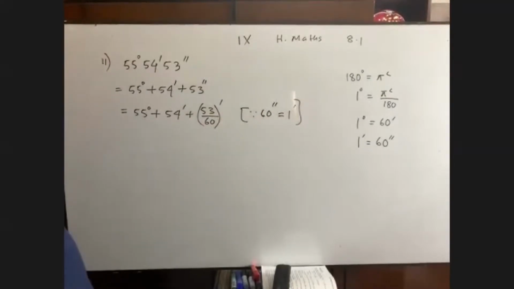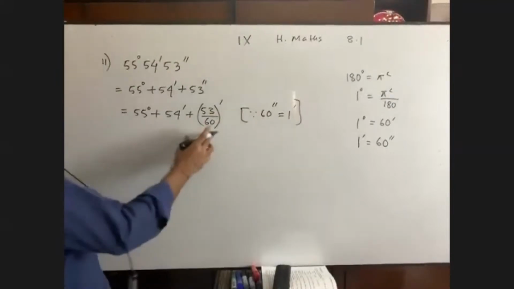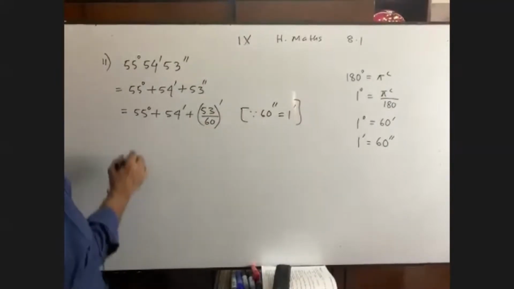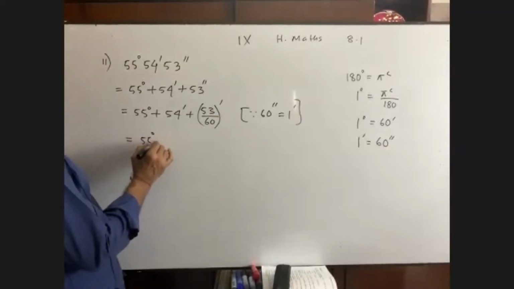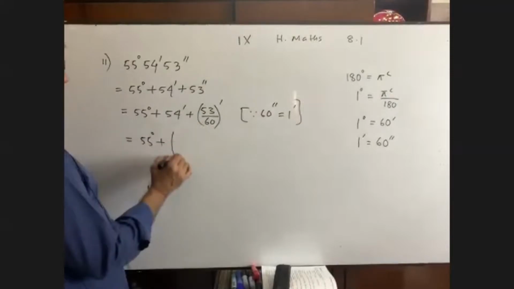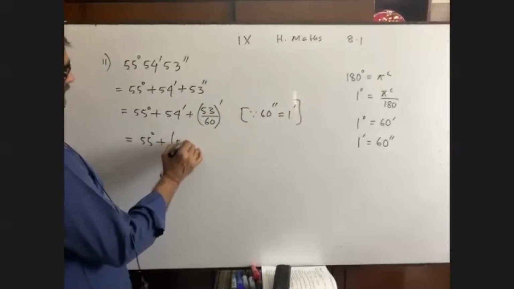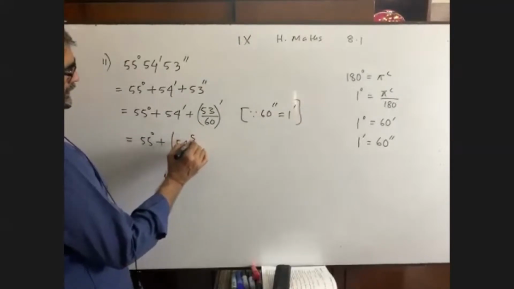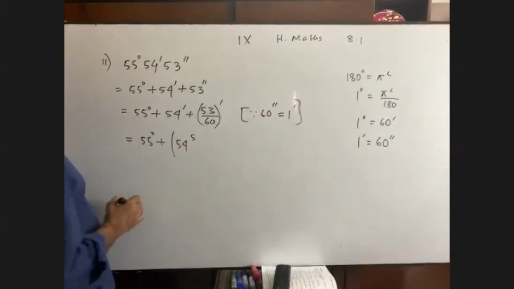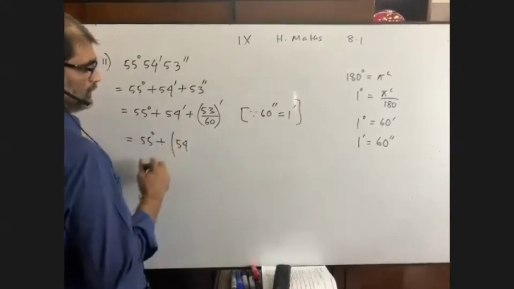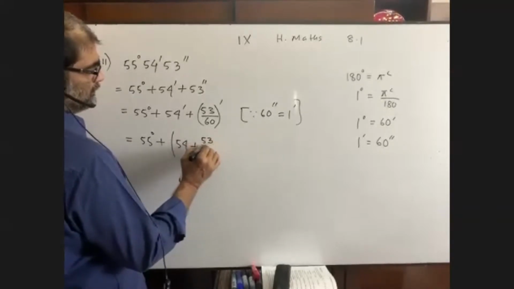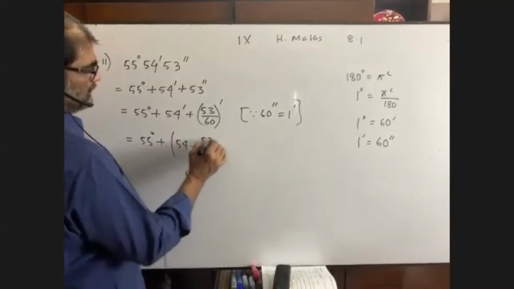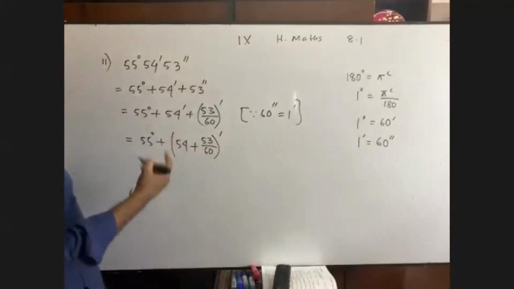So what will you do? Better not to convert here into decimal. So it is the best way to write down like this, 54 plus 53 by 60 minute, as I told you earlier.